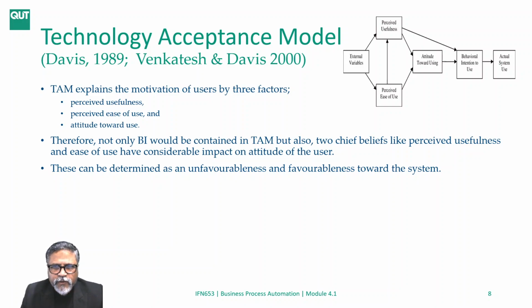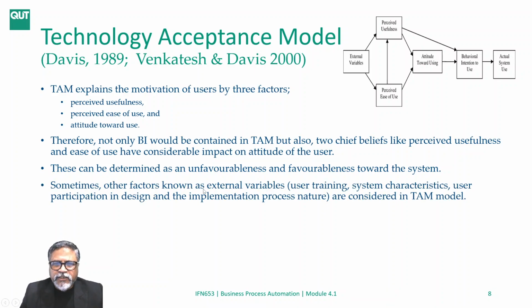And perceived usefulness together with perceived ease of use will determine attitude towards using a technology. Perceived usefulness and attitude towards using a technology will determine the behavioral intention to use, favorableness or unfavorableness. And this favorableness or unfavorableness towards technology will actually determine how much a technology is being used, right, by the end user.